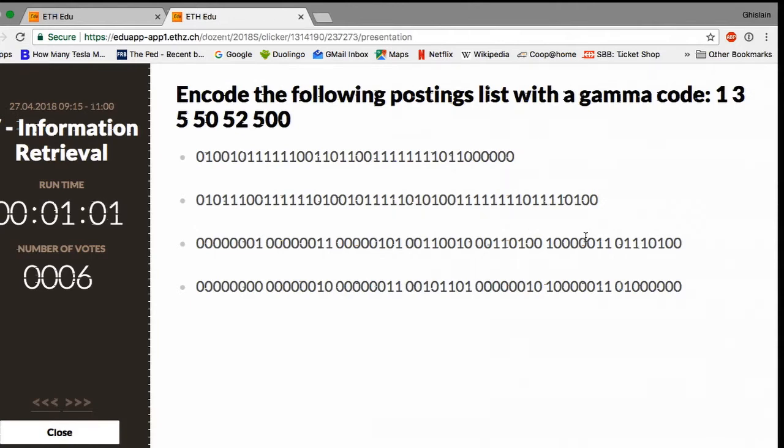So the last two I grouped in sequences of 8 bits for convenience. You probably guessed by now that it's enough to look at the first 8 bits in order to select the correct answer.